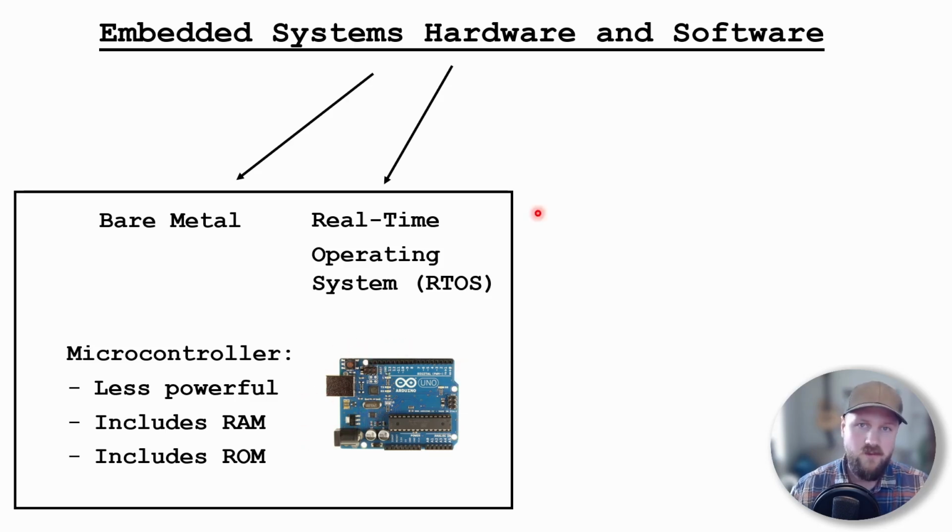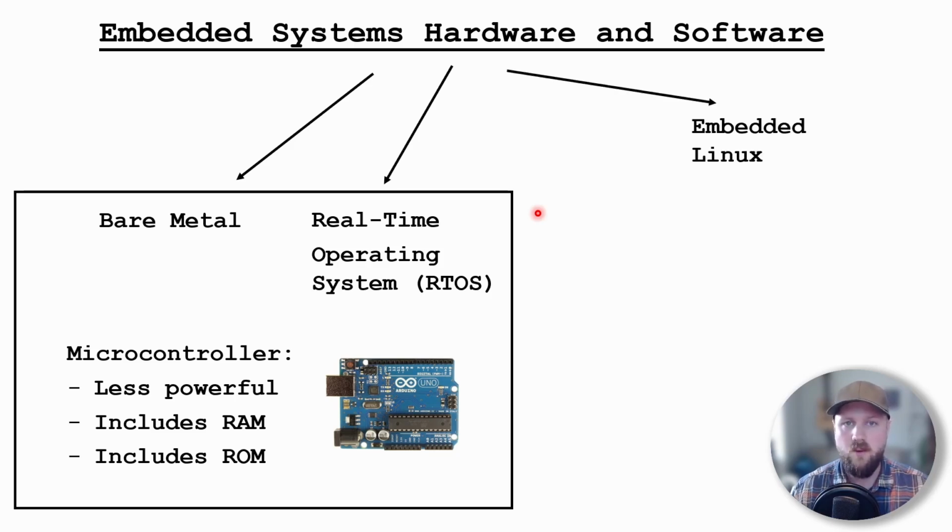So then the third software category that we will chat about is embedded Linux. So in this scenario, the designers will go all the way up to porting a Linux kernel and getting it to run on their embedded system. And then we're running a full-fledged operating system, or close to the full-fledged Linux that you may be used to using.